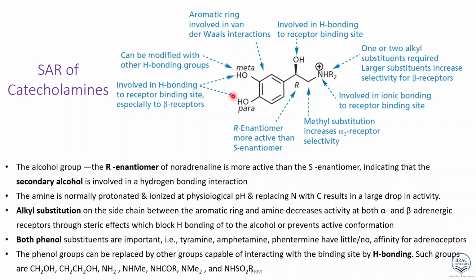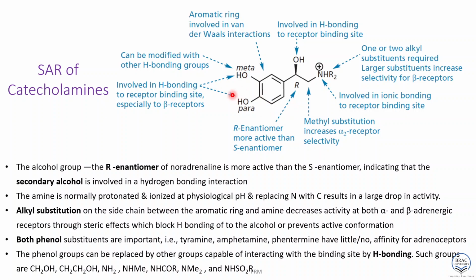These both phenol groups are important for the activity, because natural compounds like the monoamines lacking these two structures, such as tyramine or amphetamine, have no or very little affinity towards the adrenoreceptors, but they also affect the adrenergic system in other indirect ways, not by stimulating the adrenoreceptors.